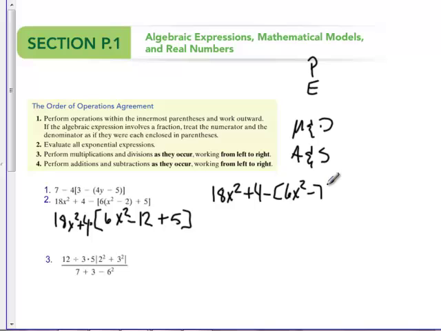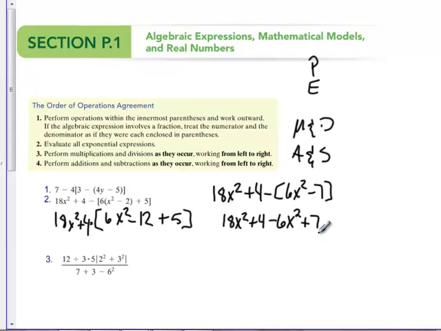Yeah, minus 7. And now we can clear them and just distribute the negative through. So we end up with the 18x squared plus 4, the negative 6x squared, everybody's pretty good about that one. It's this next one, that negative also has to go to that negative 7. We're going to make it a plus 7.